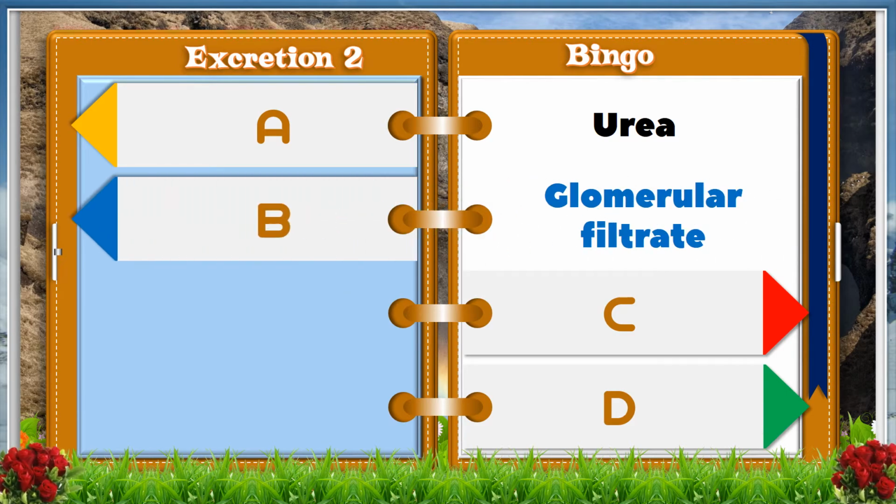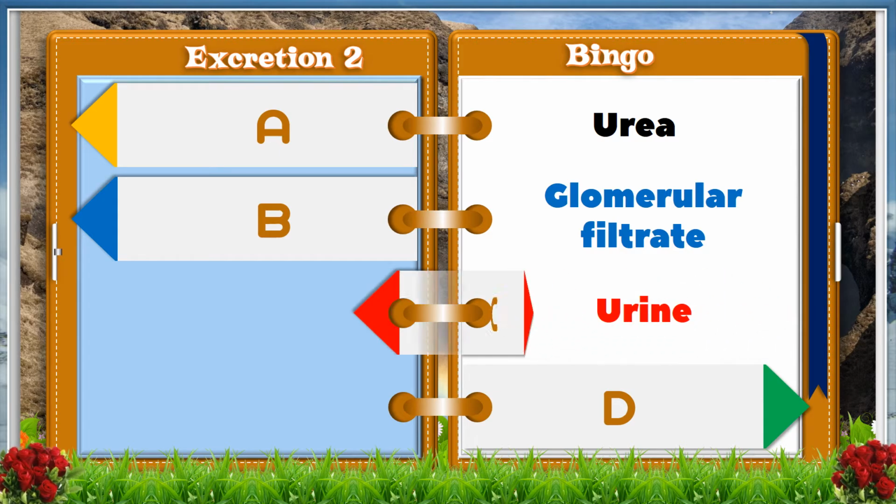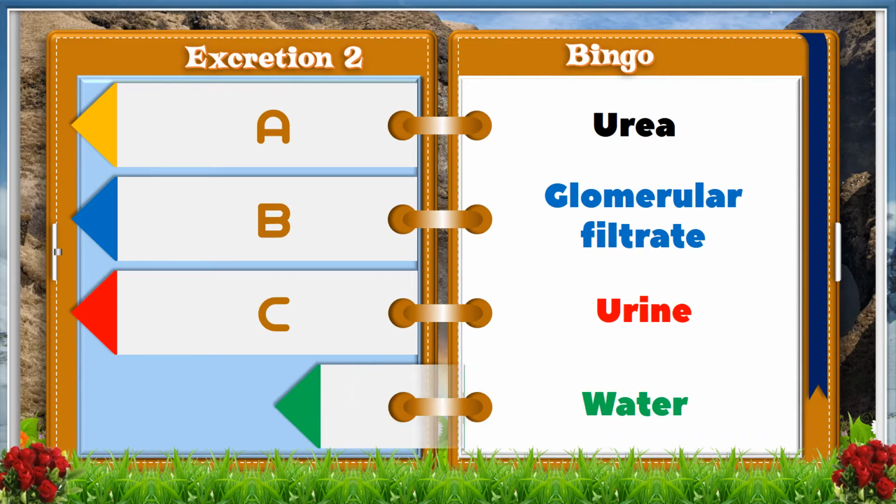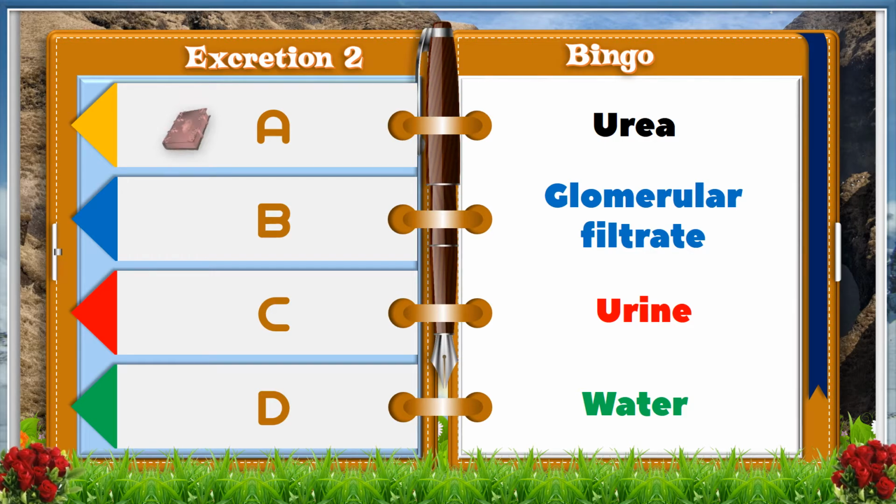B. Glomerular filtrate. C. Urine. D. Water. And the answer is A. Urea.